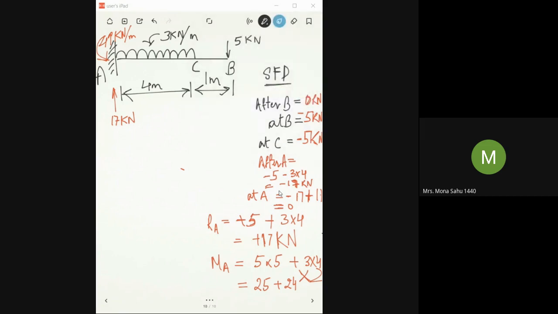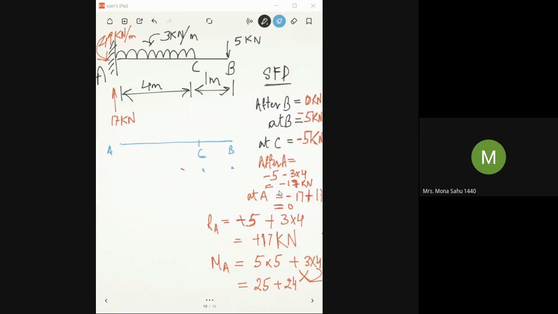It's all minus, so I'm just going to draw a line here, and this is going to be A, C, and B. You have 0 over here, then minus 5, again minus 5 here, and after A it is minus 17.